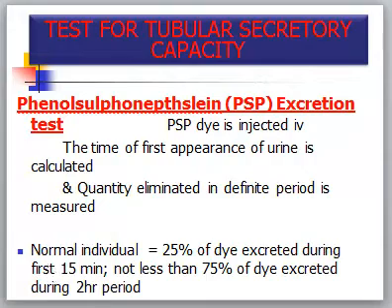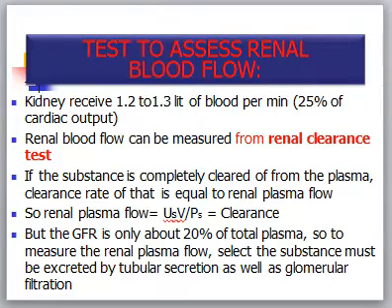Okay, and next we are going to see the test to assess the renal blood flow. Here, the kidney receives 1.2 to 1.3 liters of blood per minute, 25% of the cardiac output. The renal blood flow can be measured from the renal clearance test, and if a substance is completely cleared from the plasma, the clearance rate of that substance is equal to the renal plasma flow.